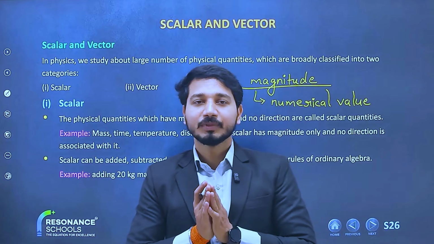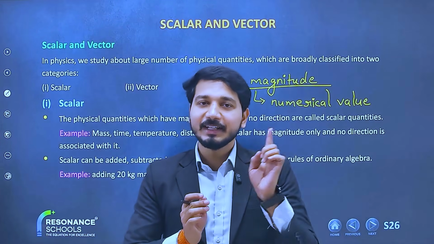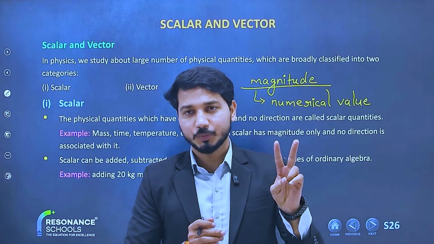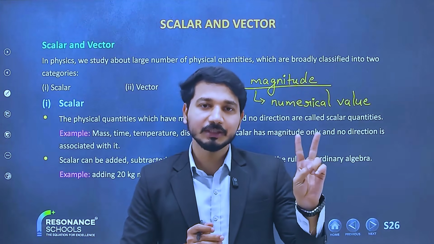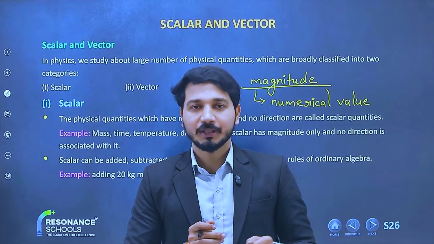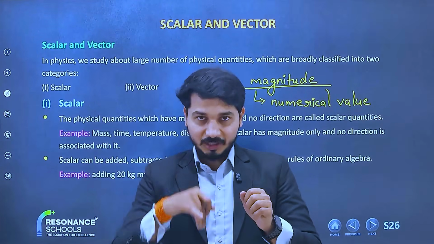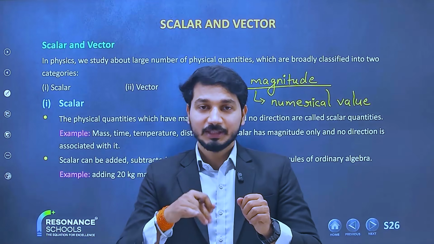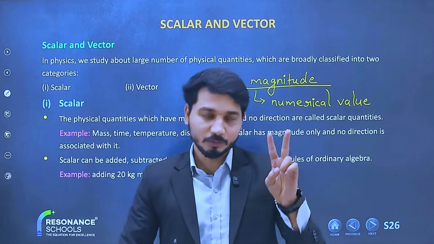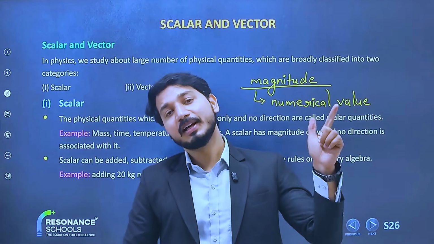Earlier we had discussed physical quantities are of two types, one is fundamental and another is derived. Now again we are discussing how these physical quantities are further classified. Actually there are two types of physical quantity, fundamental and derived only.